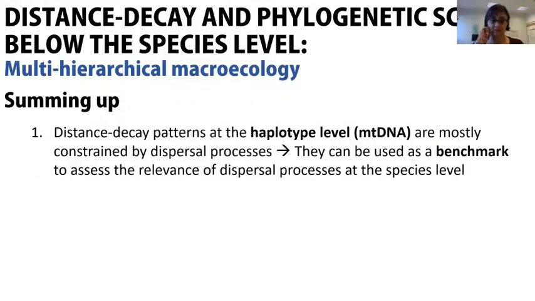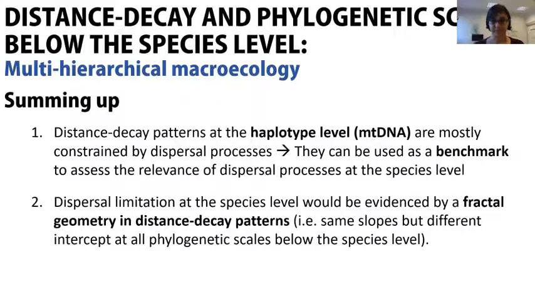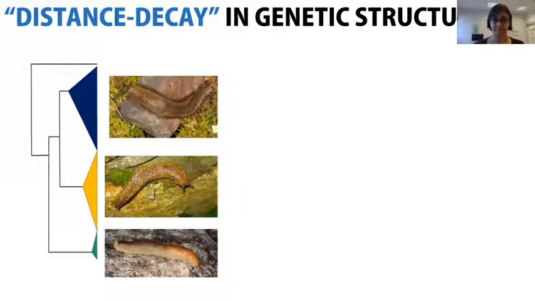And for this purpose, we have done simulations to show that you do not expect the same slopes when niche processes are acting, and also that the evidence of the relevance of dispersal processes would come as a fractal pattern with the same slopes but different intercepts.